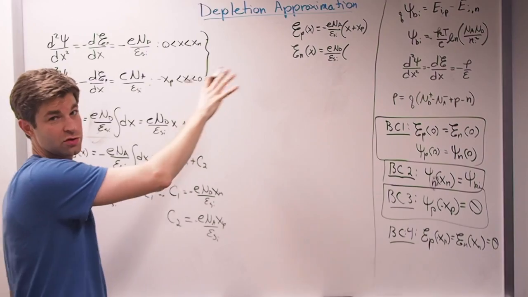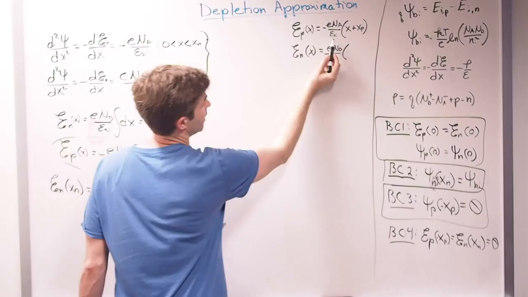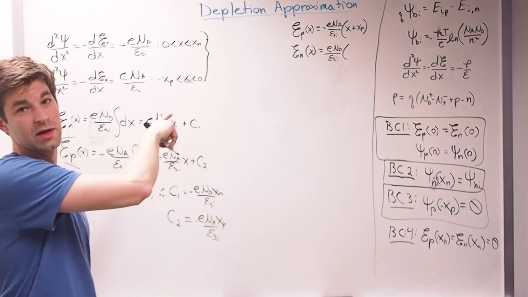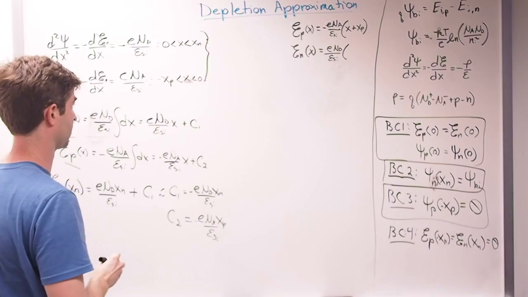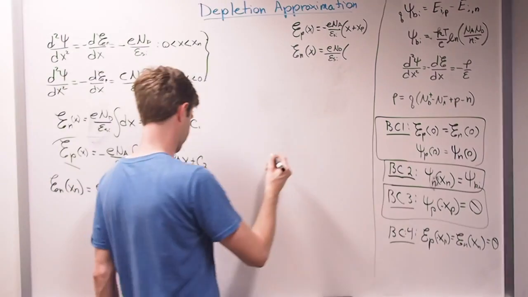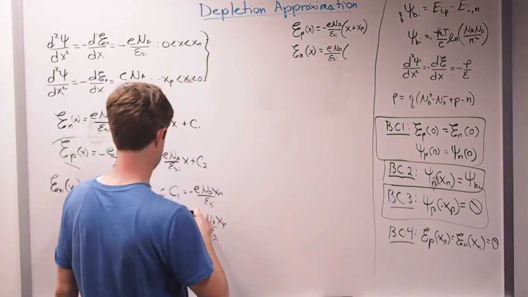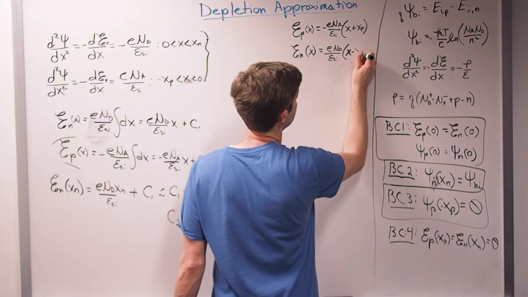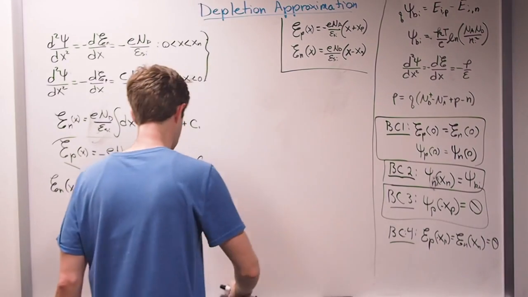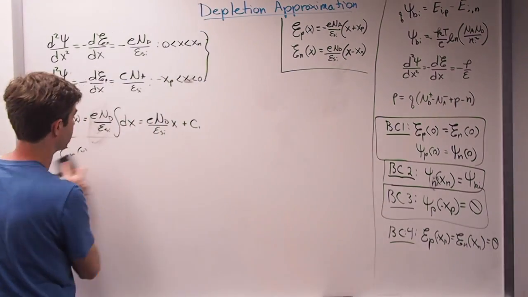Remember, E is our charge, that lowercase e, and this little e down here, that's our epsilon, our permittivity of the material. That's why I write SI, because we're doing this in terms of silicon right now.